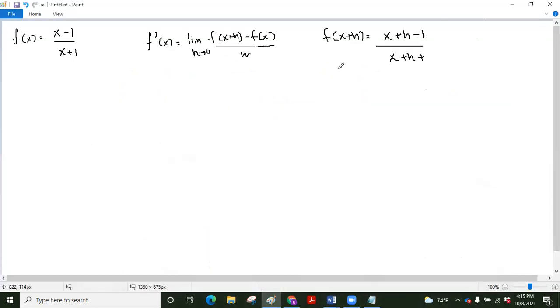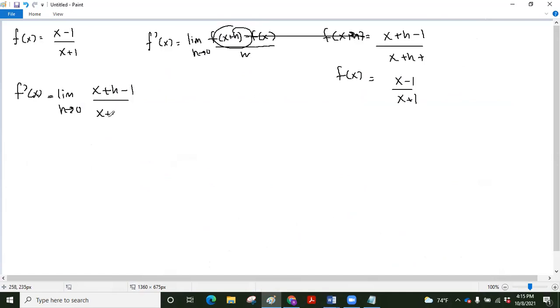So our f of x we already know is x minus 1 over x plus 1. So f prime of x is going to be the limit as h approaches 0 of f of x plus h, which we know is this, x plus h minus 1 over x plus h plus 1, minus f of x, which is this, x minus 1 over x plus 1, multiplied by 1 over h.